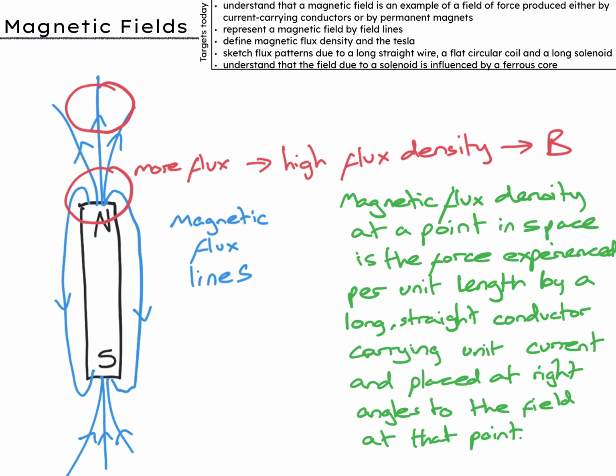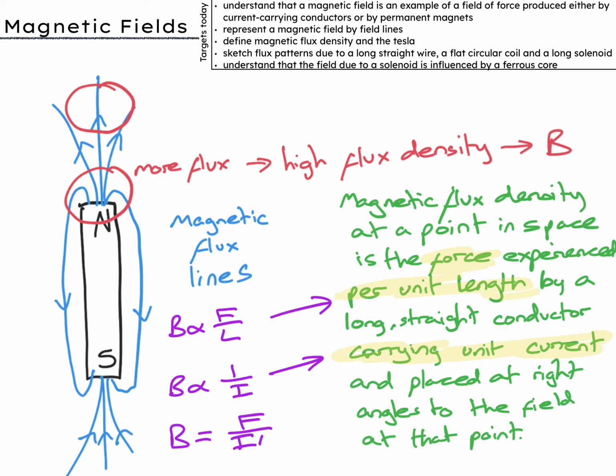Force per unit length. So, B is proportional to F over L. Carrying unit current, so B is proportional to 1 over I. So the final equation is simply B equals F over IL, or rather F equals BIL.